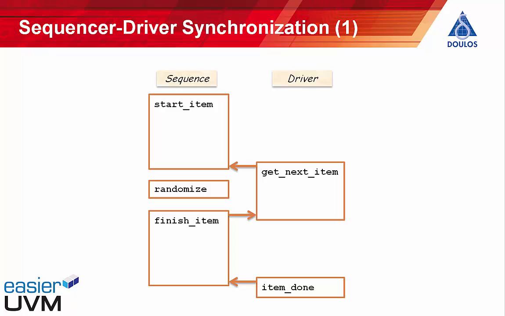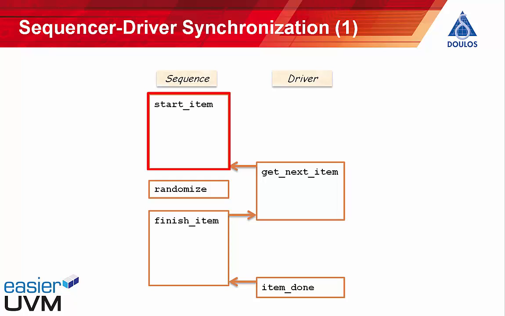So here we're talking about the synchronization between the sequence on the left and the driver on the right. So suppose that the sequence starts the ball rolling by calling start item. If the sequence calls start item, it is then going to block or stall until the driver is ready to get the next transaction.